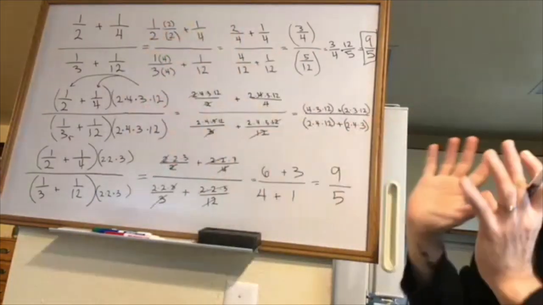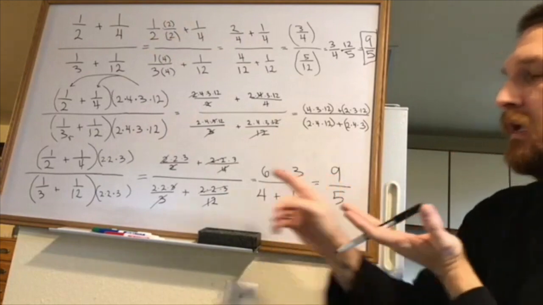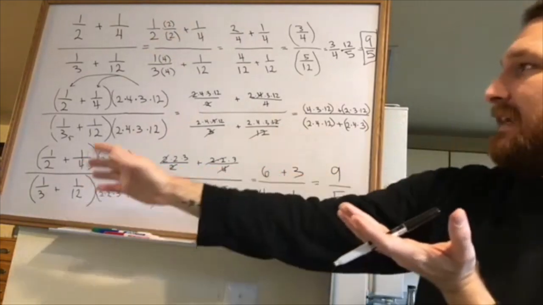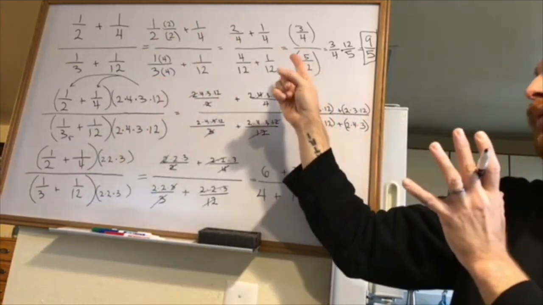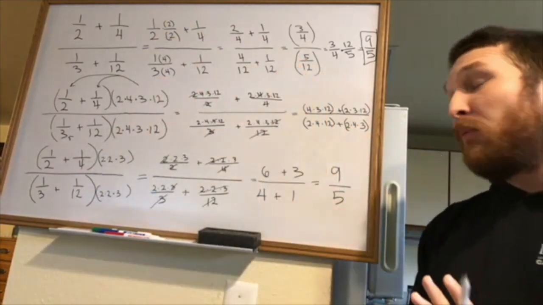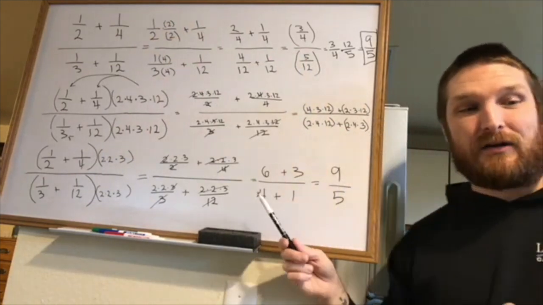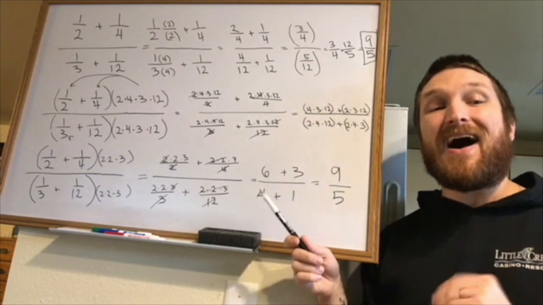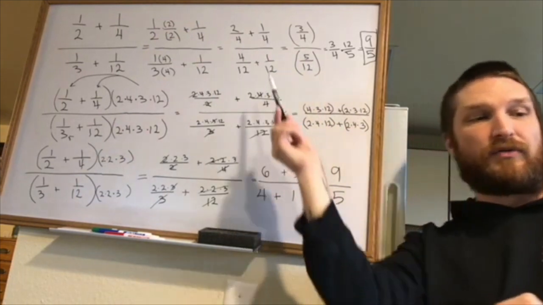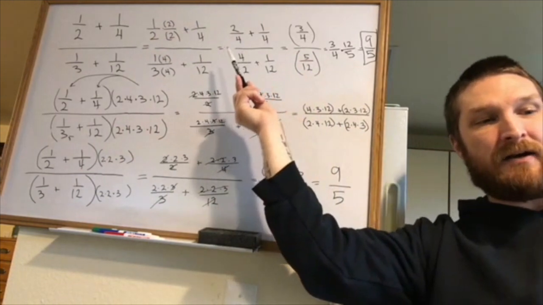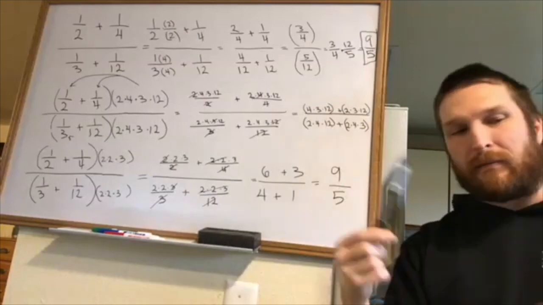It may not look like a big payoff when you're actually using numbers. Honestly, it looks like we did about the same amount of work this way and this way. But when it comes to actual polynomials, this way right here is going to be a ton easier to deal with than going through all this where you find a common denominator, put them together to get this, and then do your divide and so on.